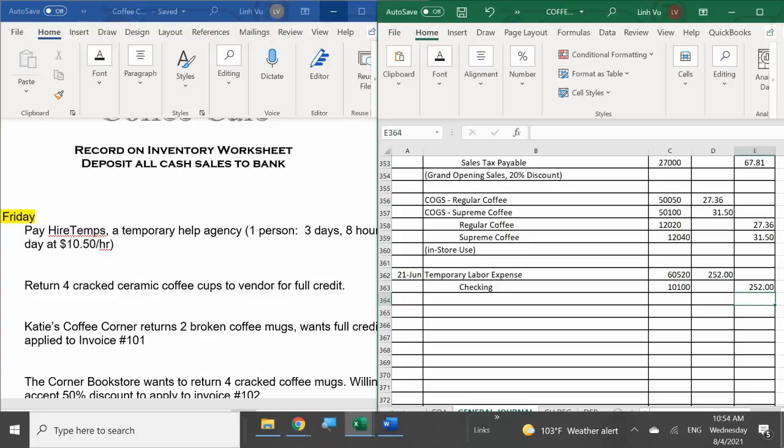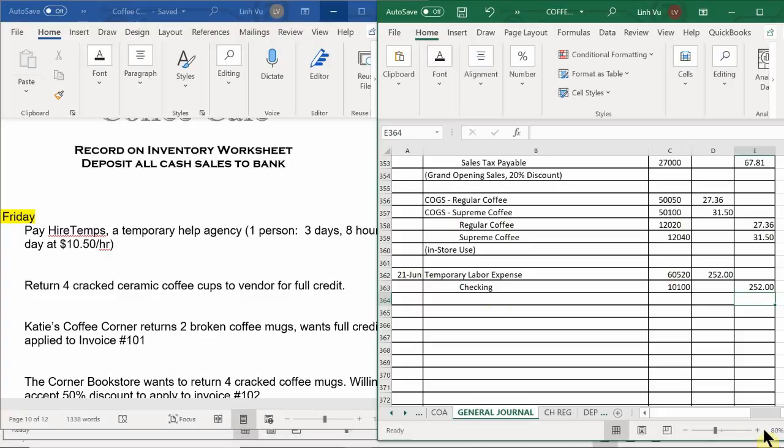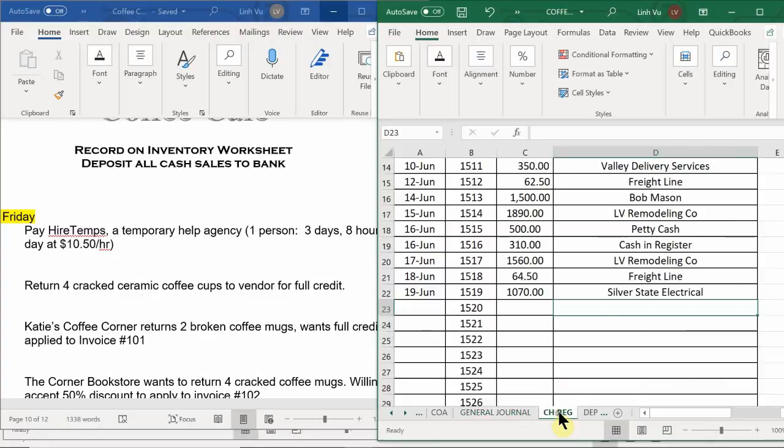And then next we would go into our check register and assign a check number. The check register is 621. The amount here is $252. And who are we writing this check out to?